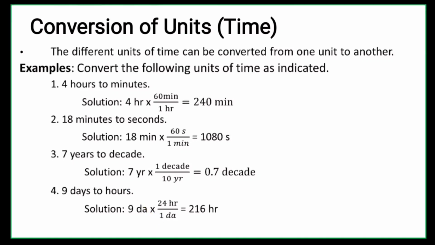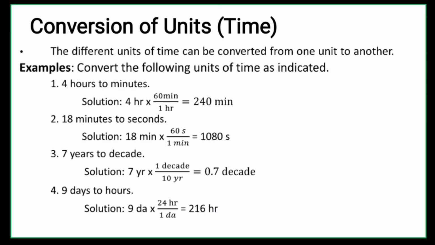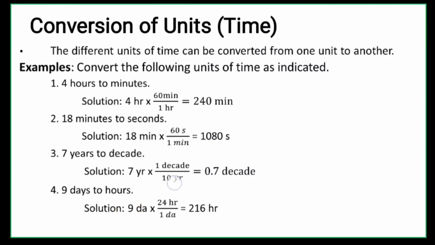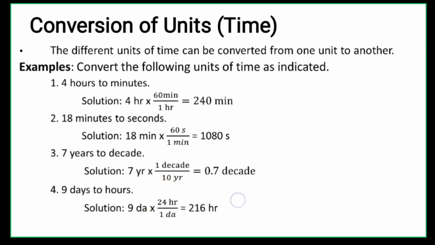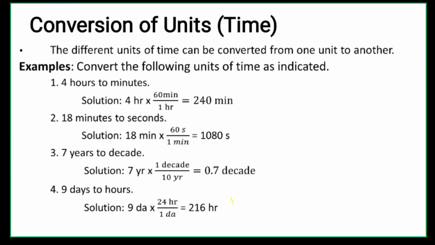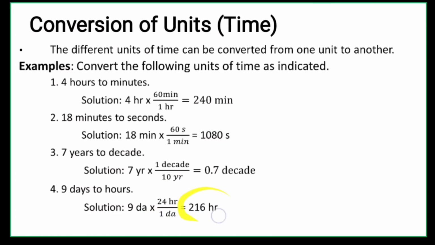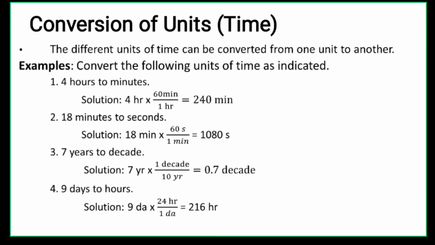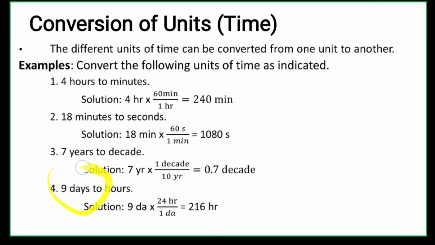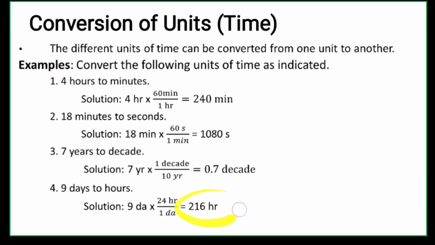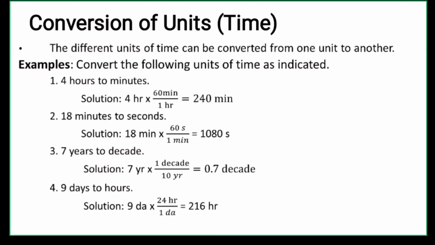Next, let's cancel day. Therefore, 9 times 24 hours is 216 hours divided by 1 is 216 hours. It means that 9 days is equal to 216 hours.